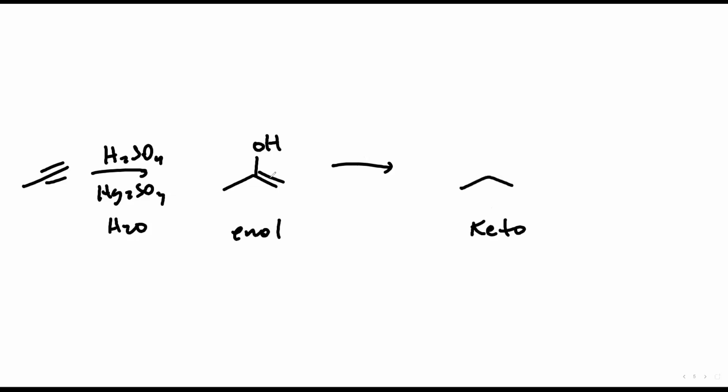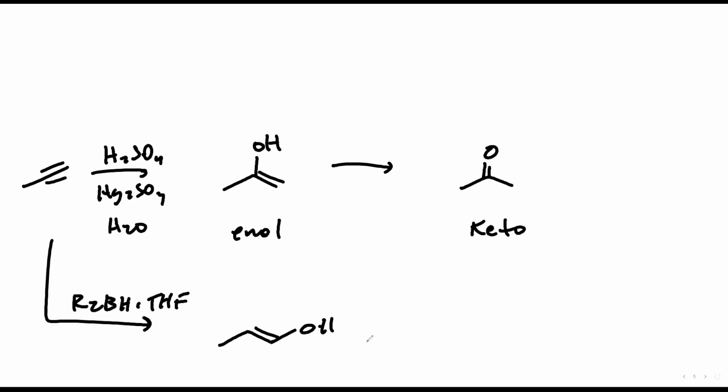So visually what's happening is the pi bond sort of moves to where the oxygen is to form that. Okay, so we can actually form ketones from alkynes. If you wanted to, you could use R2BH, THF, and that would form the other enol that would lead to the aldehyde. Okay, just like that.